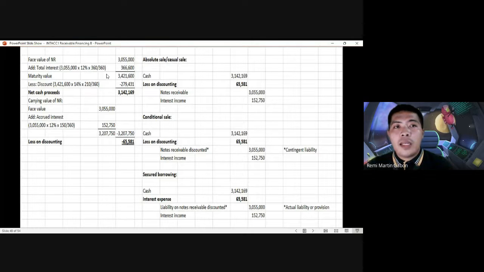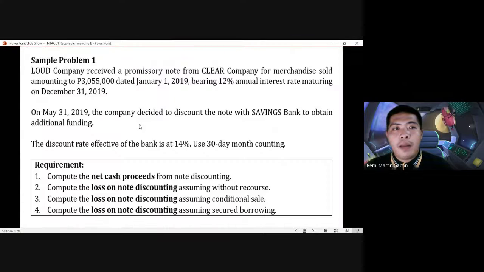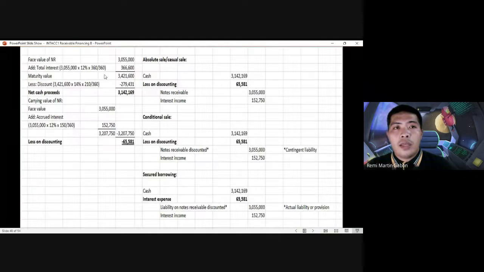Why 360 over 360? Because the total interest will be computed from the date of the transaction up to the date of maturity. In the problem, our transaction date is January 1, which is also the date of the promissory note, and on December 31. So therefore, 360 over 360.